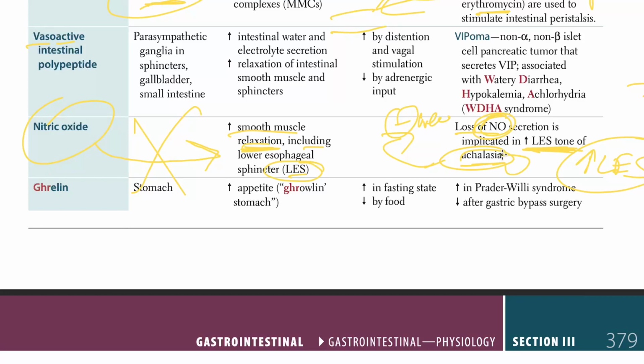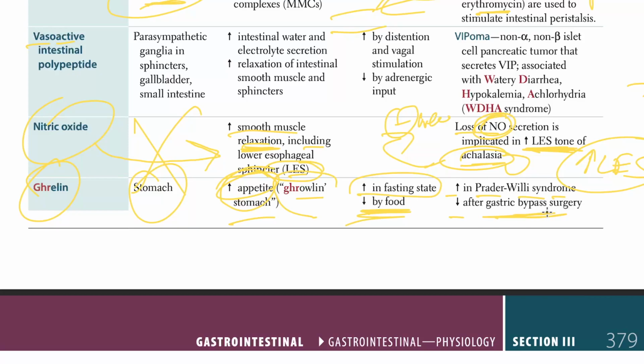Now let's talk about ghrelin. Ghrelin comes from the stomach and increases appetite. Ghrelin makes you grow, right? It increases appetite. It is increased in the fasting state and decreased by food. More clinical tie-in: it is increased in Prader-Willi syndrome and decreased after gastric bypass surgery.